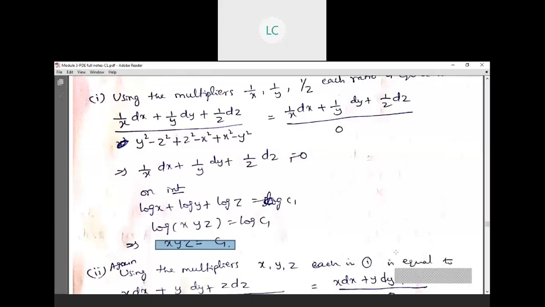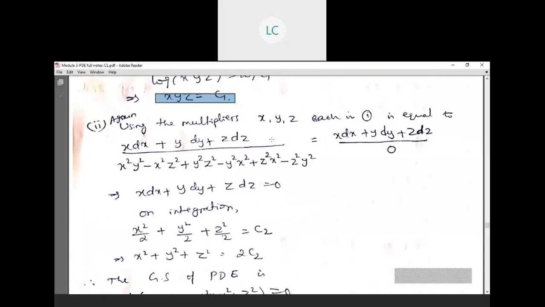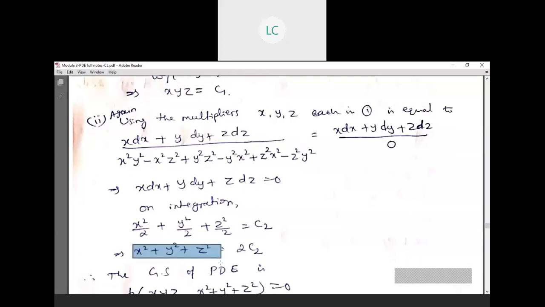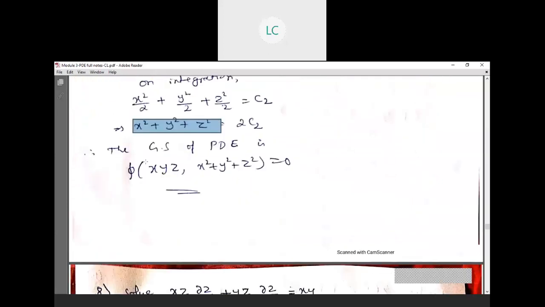This is what we already did, right? Next I choose x, y, z as multipliers. So you will get x square y square minus x square z square. Observe this. We can eliminate all the terms. We'll get 0. So x dx plus y dy plus z dz equal to 0. If we integrate it, we'll get x square plus y square plus z square equal to 2c2. This is nothing but v. So phi of xyz comma x square plus y square plus z square equal to 0. This is the required solution.